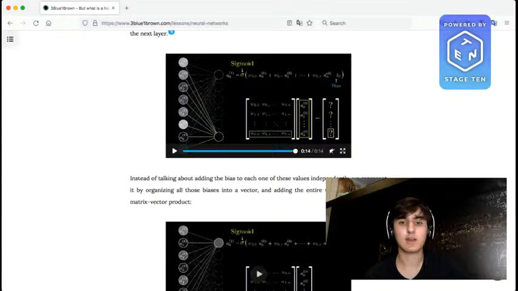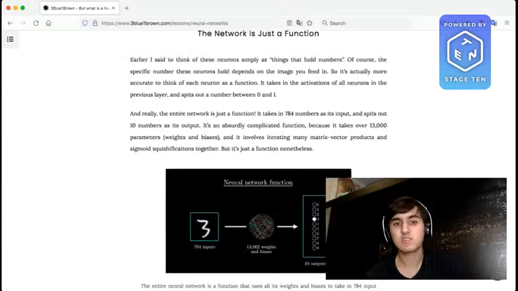Nice. We're almost done here with this first lesson. The network is just a function. Earlier, I said to think of these neurons simply as things that hold numbers. Of course, the specific number these neurons hold depends on the image you feed in. So it's actually more accurate to think of each neuron as a function. It takes in the activations of all neurons in the previous layer and spits out a number between 0 and 1.